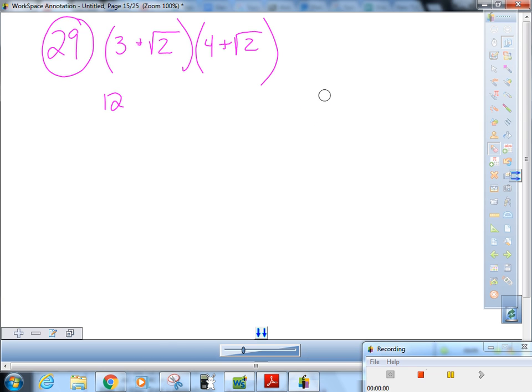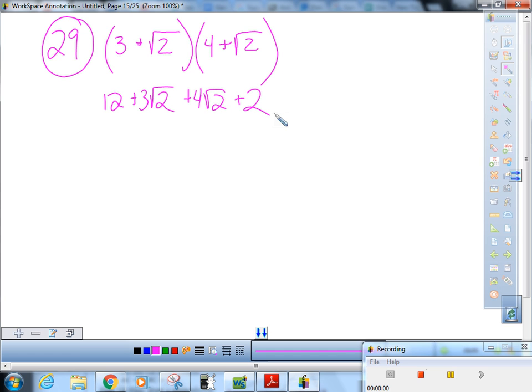Here, they would call it radical 2 instead of radical 4, which is just 2. Okay, so they would get 3 times 4 is 12, right? Then they would do outside, and most people got that this was 3 radical 2, correct? And then the inside is 4 radical 2, but this one, they would say radical 2 times radical 2 is radical 2. It's radical 4, which is indeed 2.